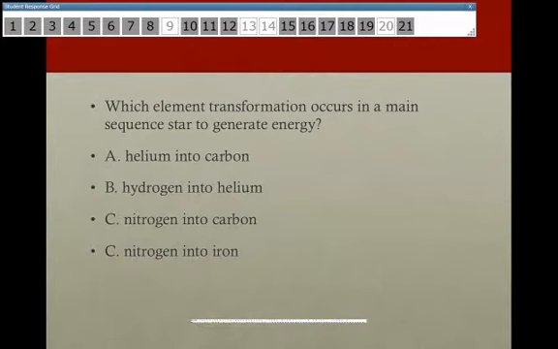Which element transformation occurs in a main sequence star to generate energy?